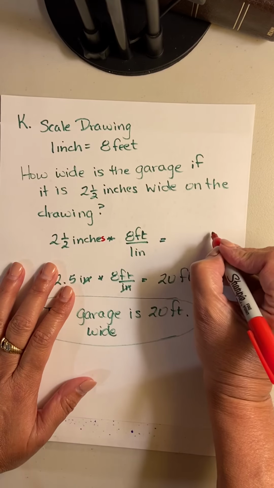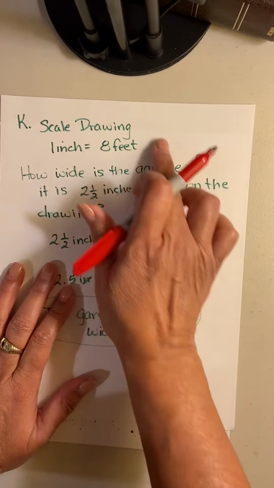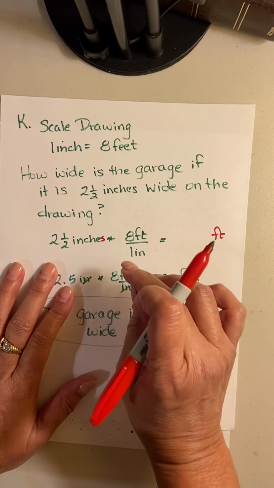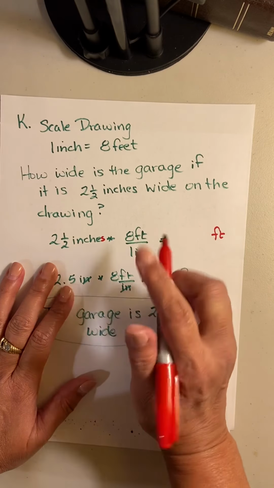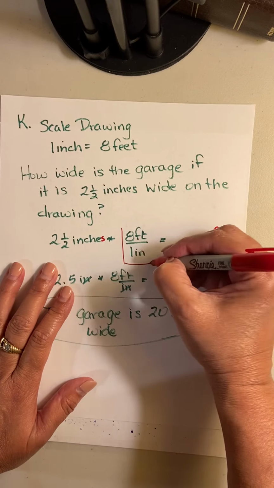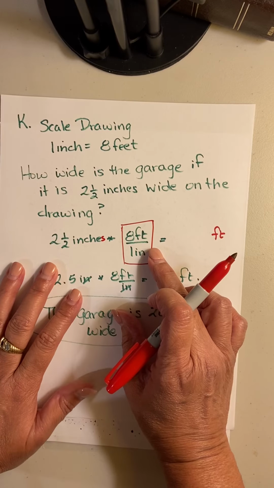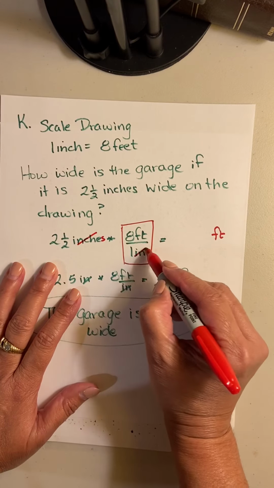I really want to turn it into feet. So technically what I'm doing is taking my scale, and I'm going to set it up just like if I were doing a conversion unit. Some of you will say, oh, Miss Gregory, you just multiply by 8. And that's true, but I wanted you to see that when I do this, my inches go away.